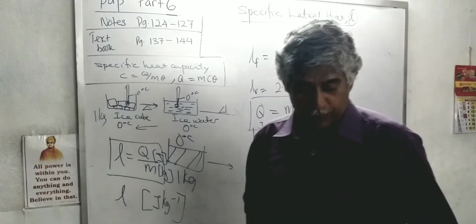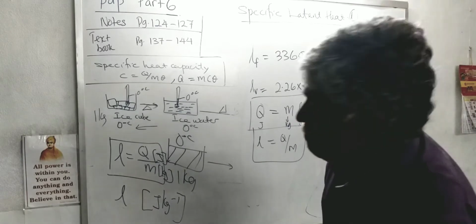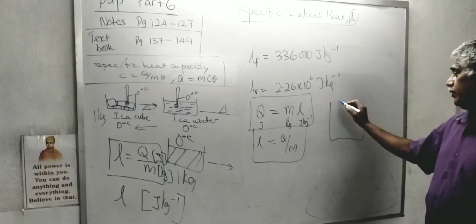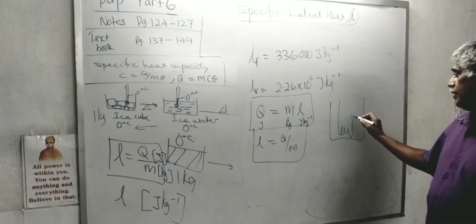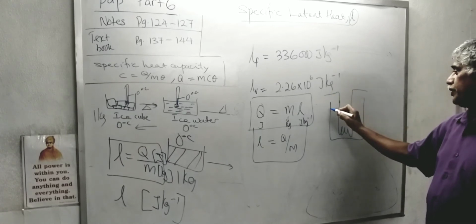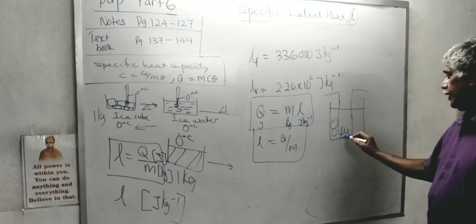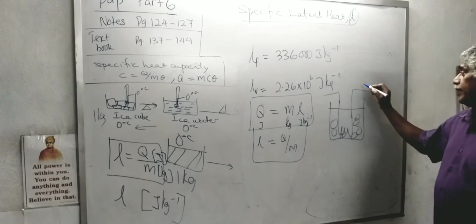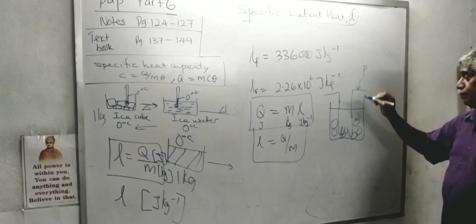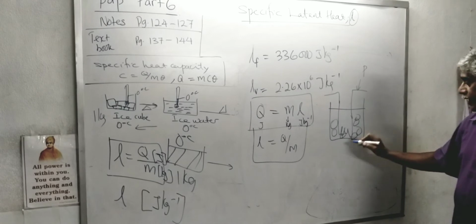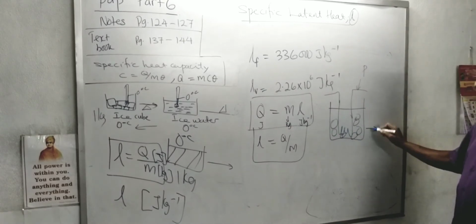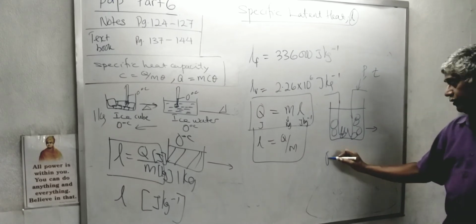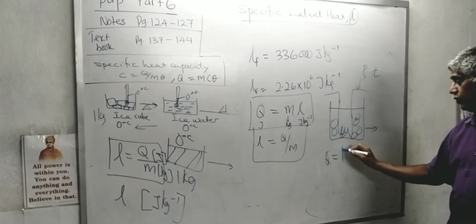Most of the time, as we learned earlier, when we heat up substances we usually use fire or gas, but for calculation purposes we usually heat up using an electrical heater. If the power of the electrical heater is P, and the time taken to heat it up for the melting process is t, then the amount of heat supplied from the heater is Q equal to Pt.